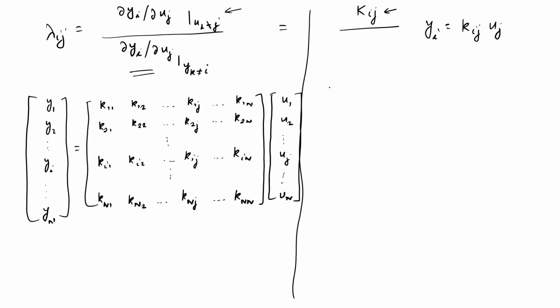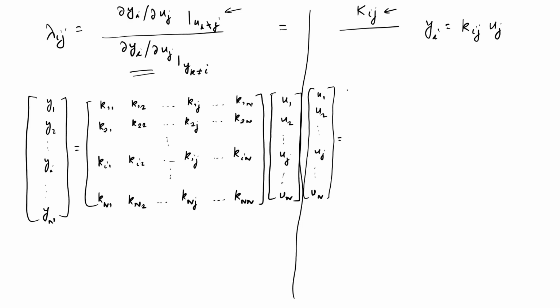What we will then get is this vector u1, u2, uj, un, and let me just call the inverse matrix elements k prime.